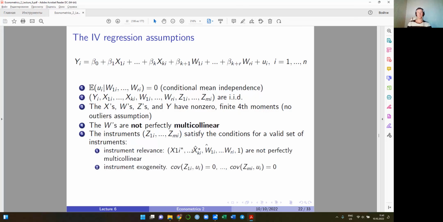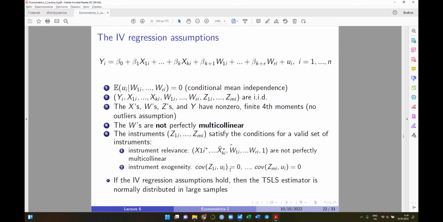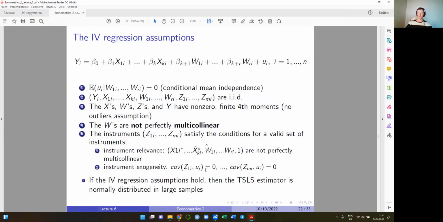It must be X1 star, X2 star, W's. And instruments are exogenous, so the covariance of every instrument with the error term is 0. When these assumptions hold, the two stage least squares estimator is normally distributed, and it gives us a chance to perform statistical inference. So we need to check these 2 conditions somehow. We need to test them.